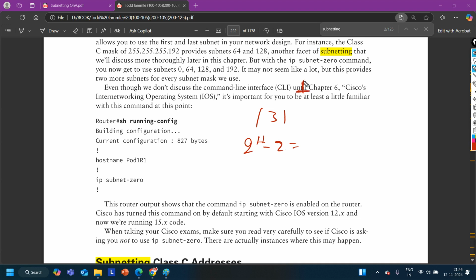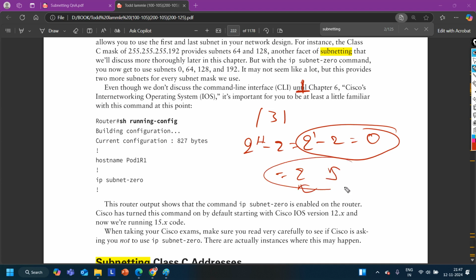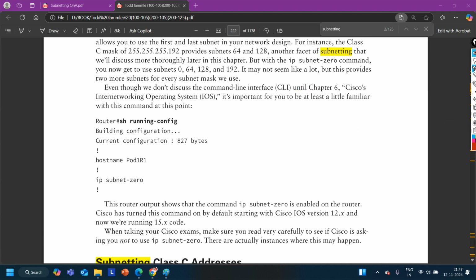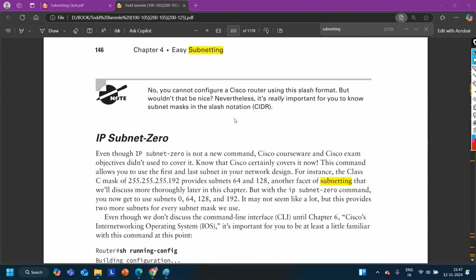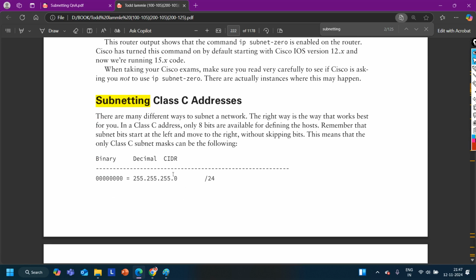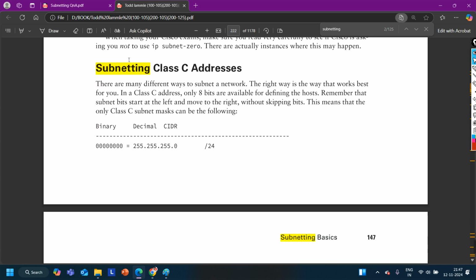Only one. Total length of IP is 32, so 2 to the power 1 minus 2. Valid hosts are 0. There are two IP addresses, one is the network ID, one is the broadcast ID, so I don't have any valid IP address. But with the help of this concept, whenever you need one IP address, you can use slash 31 also. While configuring, I will show you and tell you.